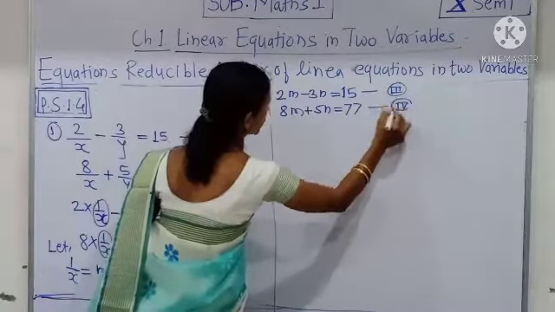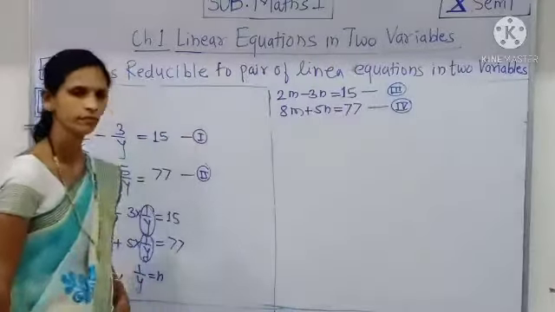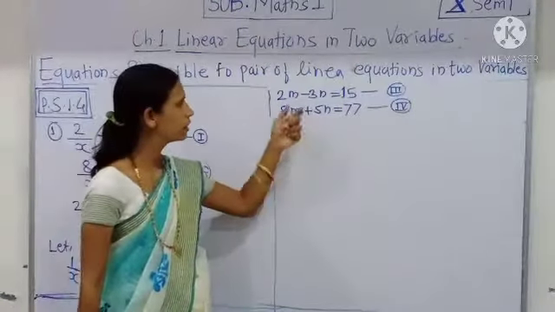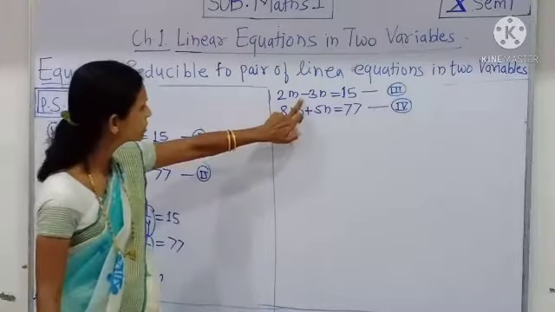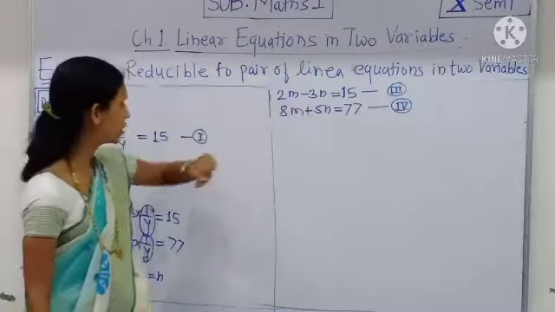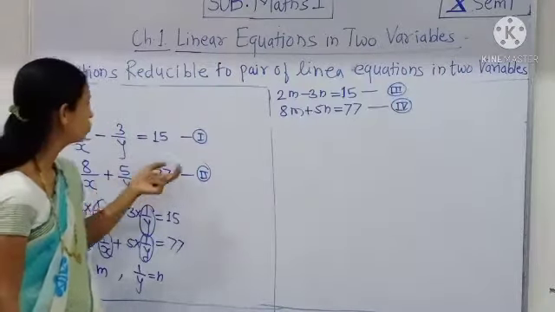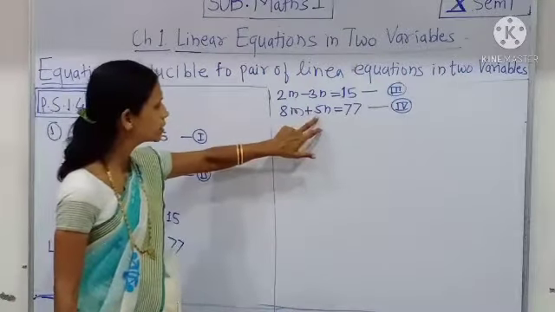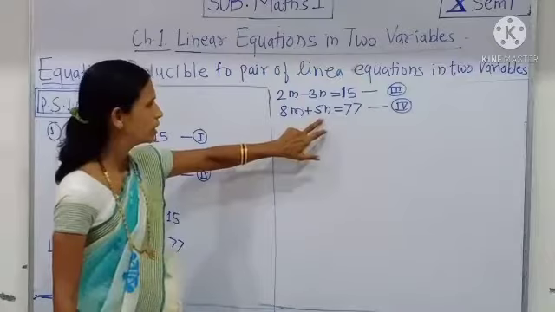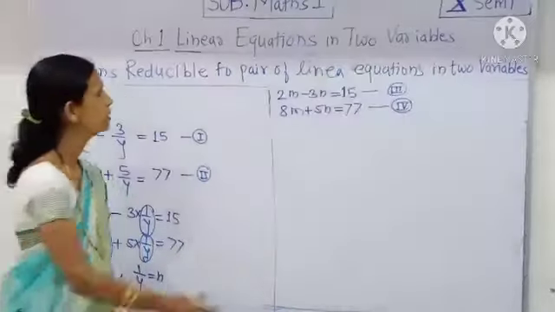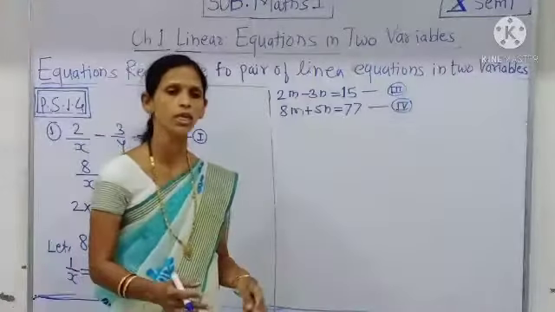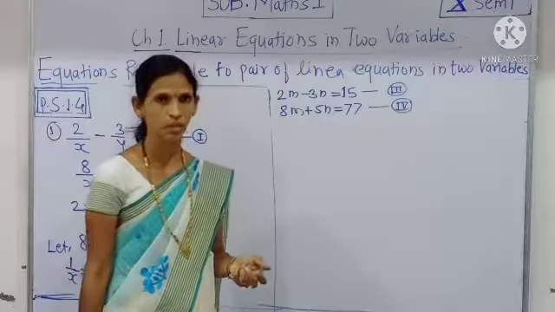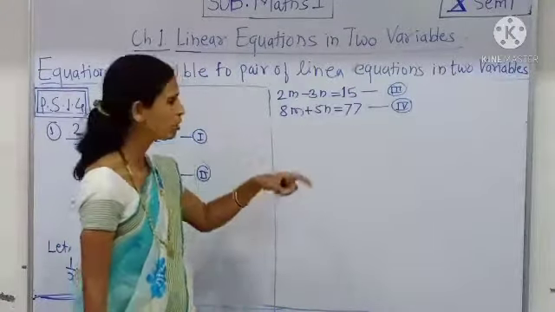Let this be equation number 4. Then see here, equation number 1 now becomes a linear equation in 2 variables, and equation number 2 becomes, or is reducible into, a linear equation in 2 variables. Now that simultaneous equation can be solved by using any one method which is convenient.